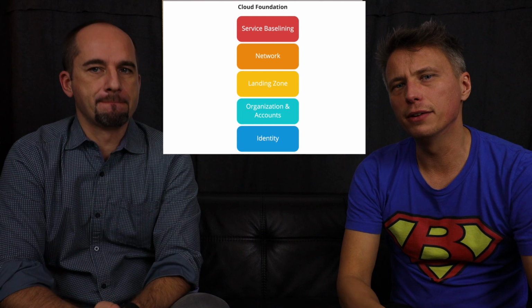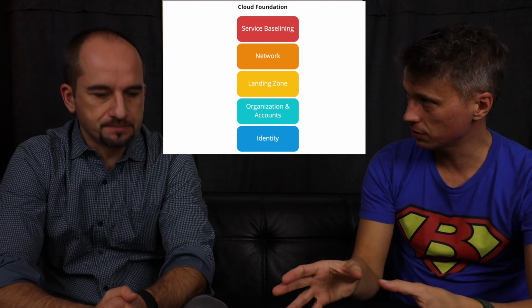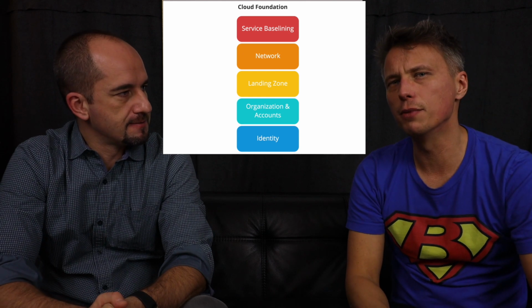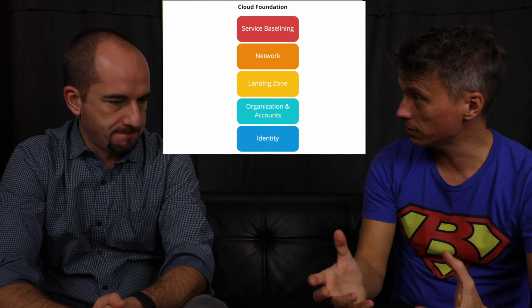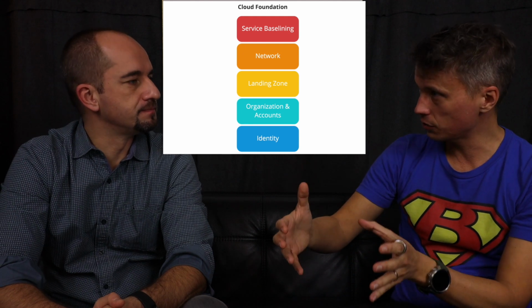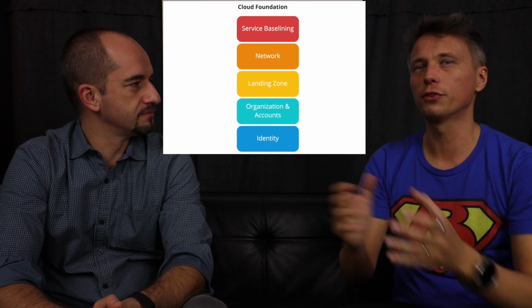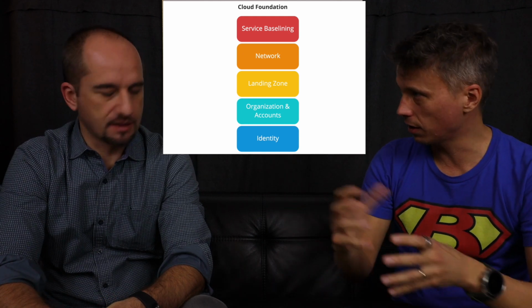And after that, we took a look at the organization and accounts. This is, of course, very much a point of view of AWS, but it's basically how you want to model your organization, which includes the humans and the organizations, but also very much the applications you want to run. How is that going to look?